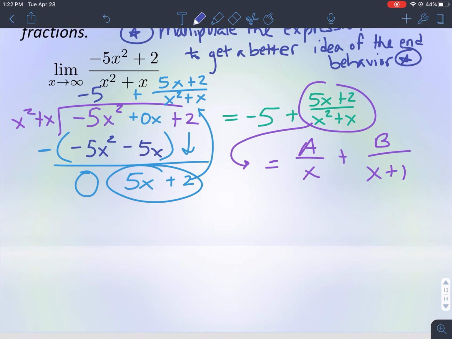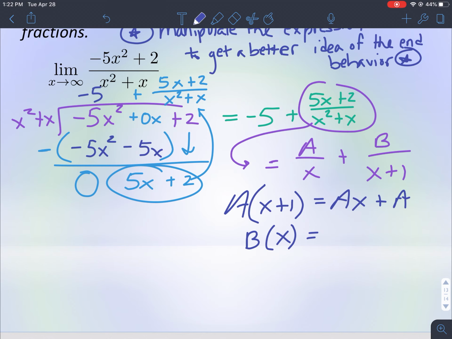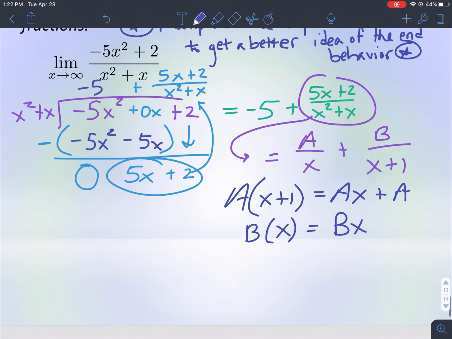Make a common denominator. So a times x plus 1. B needs to multiply by x, so then bx. All right.